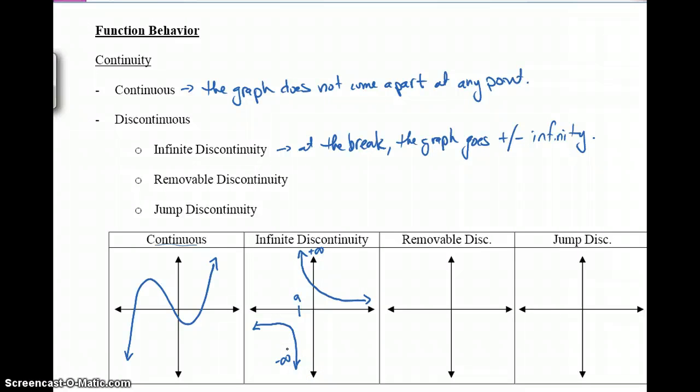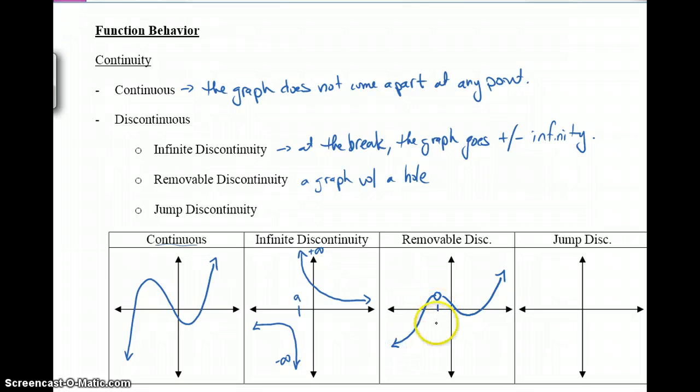The next type of discontinuity is called a removable discontinuity. Removable discontinuity is a graph with a hole in it. It is a regular graph, but instead of having it full everywhere, there is a hole in there.